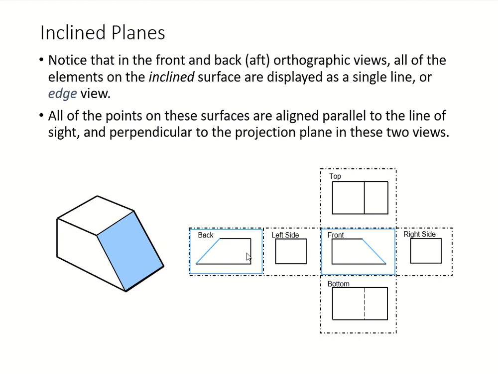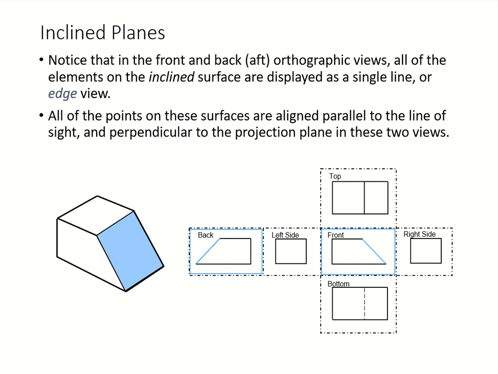You're going to have a little bit of trouble seeing it, but you just have to practice it to be able to see that. So the edge view, a single line, describes this inclined surface or plane in the back and front view.